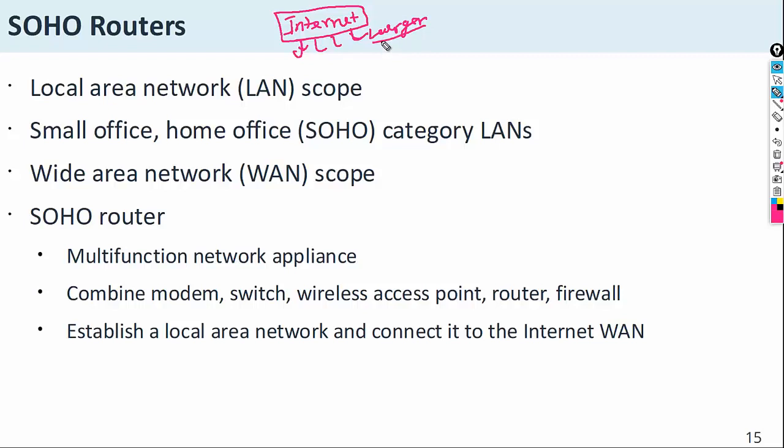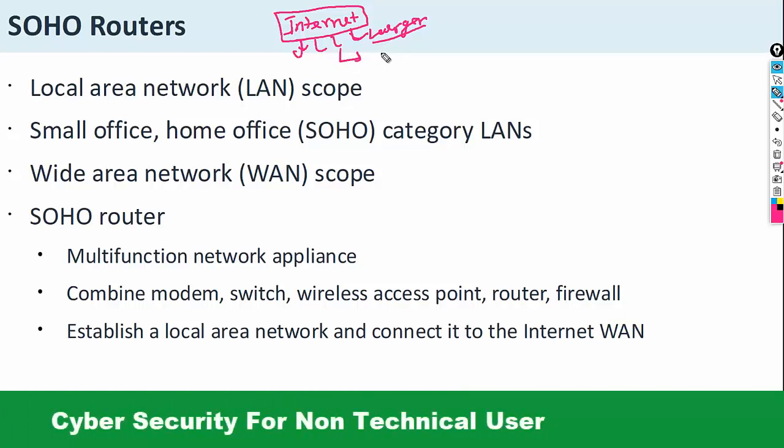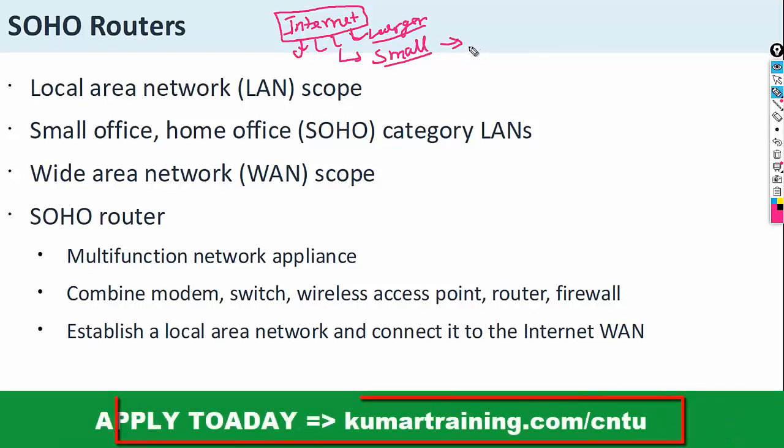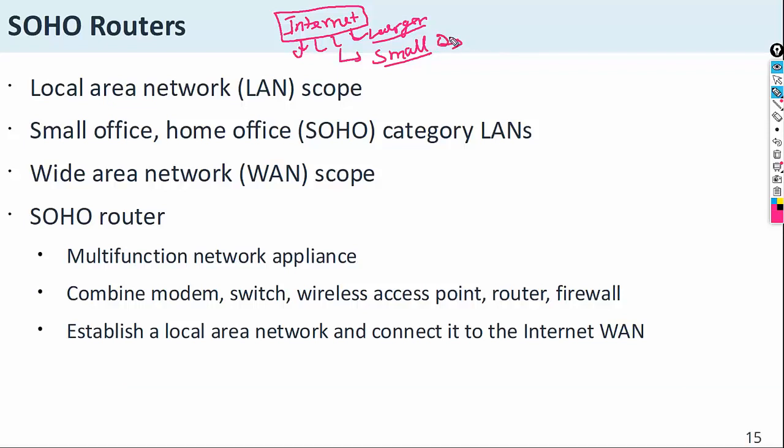But there are also very small organizations or small offices in the world which have a couple of computers and other devices. It is called a small office or home office. Home office means, when you look at your home, of course you have an internet connection.